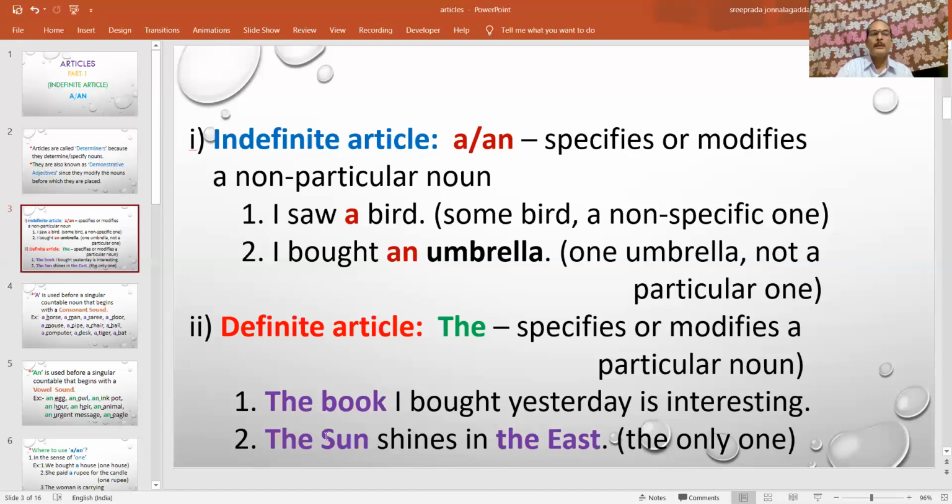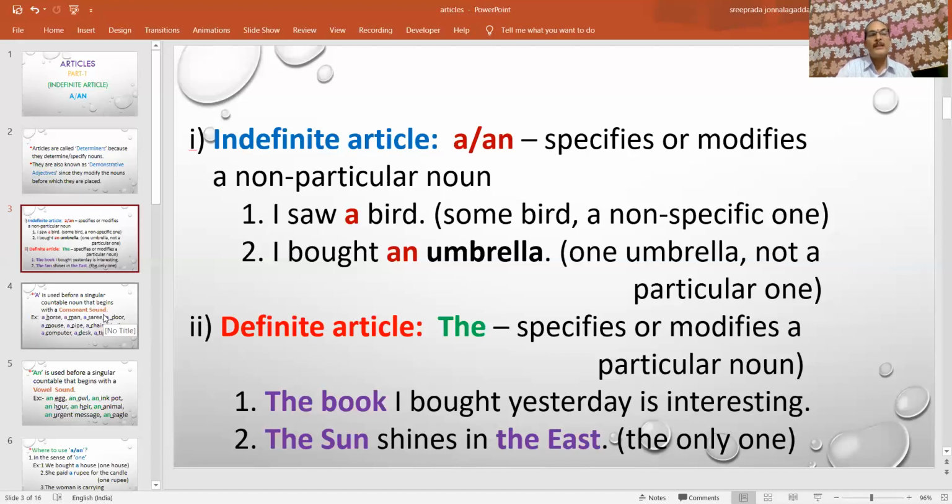For example, the sun shines in the east. The sun means it is the only one, the unique one. And the east. This direction east is also only one. It is also unique in quality. That's why the sun, the east. So the word the here is specifying or modifying the nouns before which it is placed.